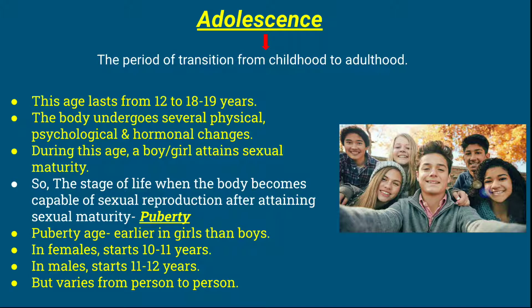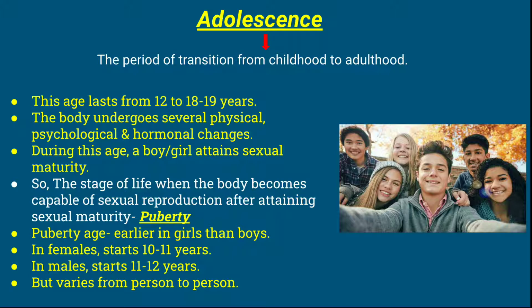And in this age there are some physical, psychological and hormonal changes that take place. Okay, so these are the adolescence changes which are taking place inside the body. Then during this age, a boy or girl attains sexual maturity. That is, in this age, their sexual organs develop, and the secondary sexual characters develop.